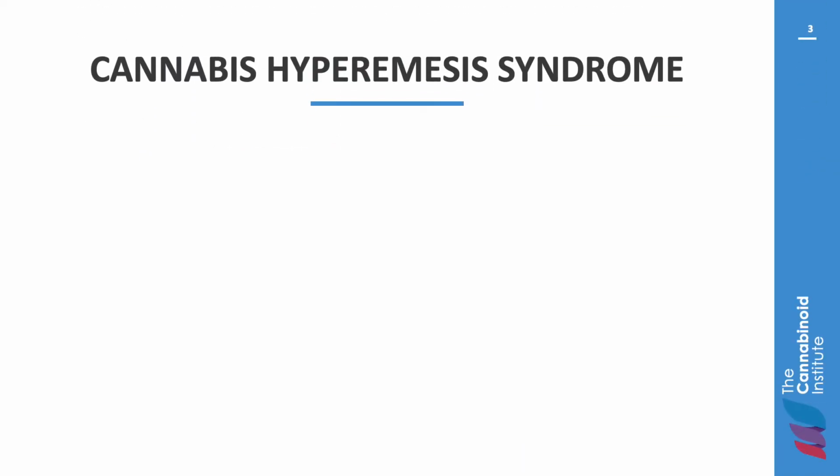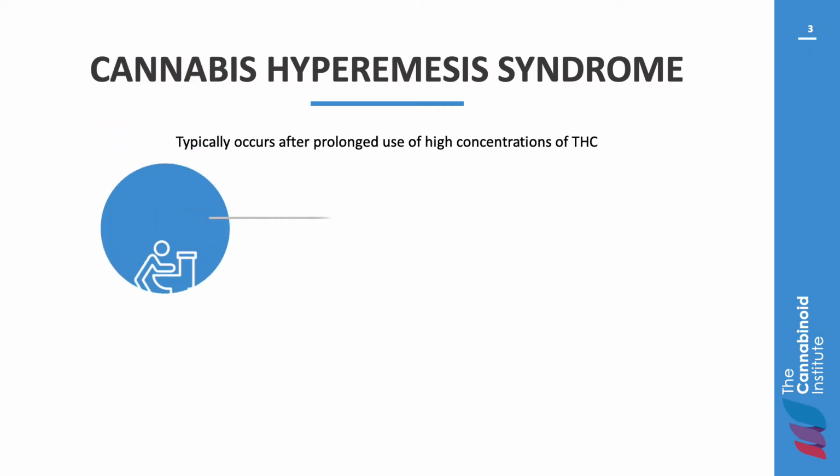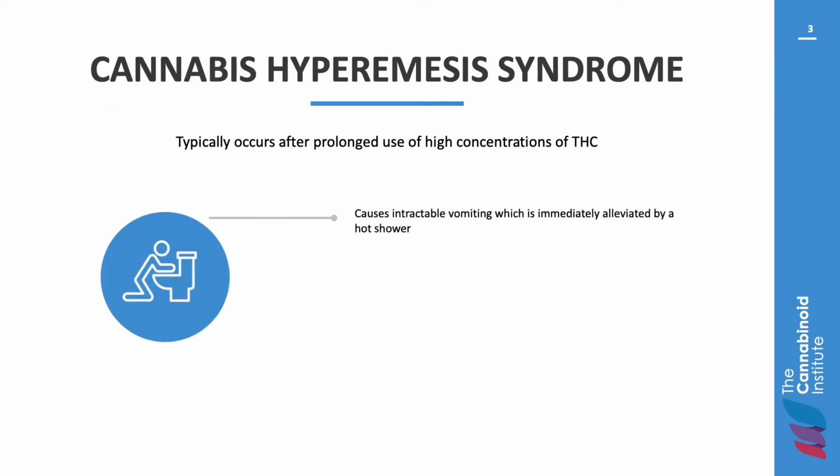Cannabis hyperemesis syndrome is a rare adverse effect of cannabis use and typically occurs after prolonged use of high concentrations of THC. Cannabis hyperemesis syndrome is characterized by intractable cyclic vomiting, which can be immediately alleviated by a hot shower.